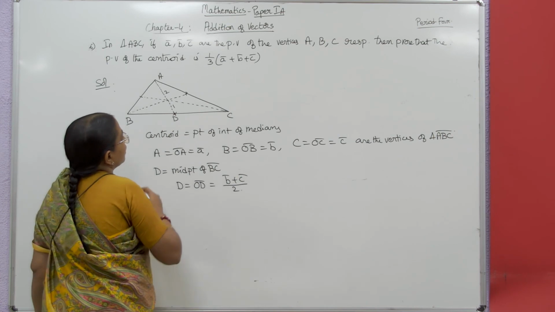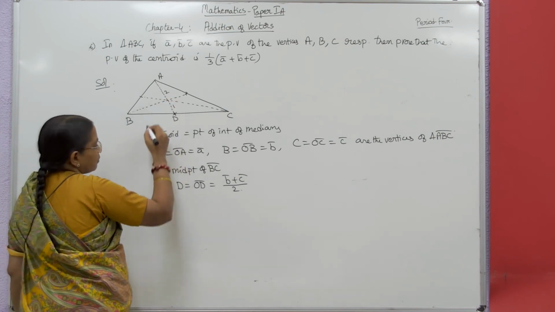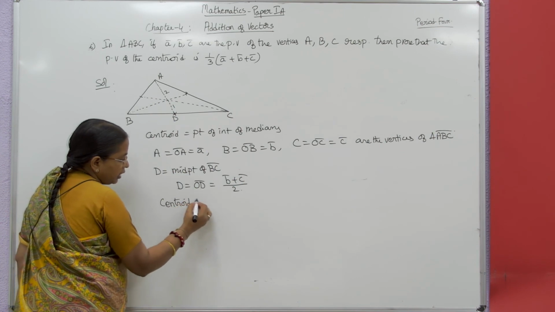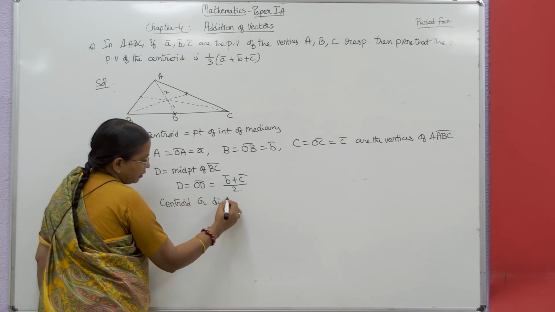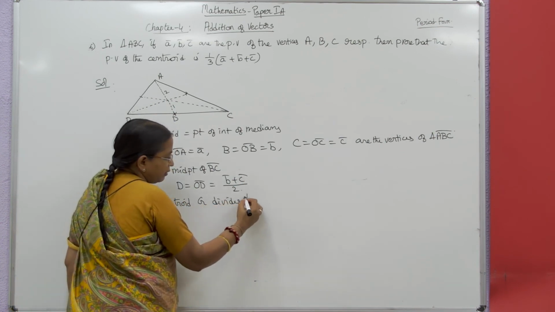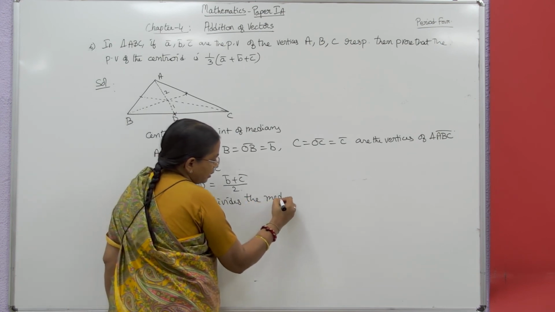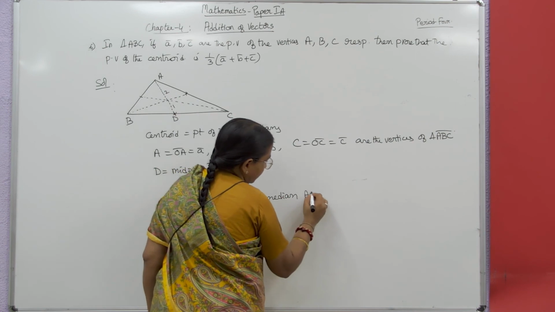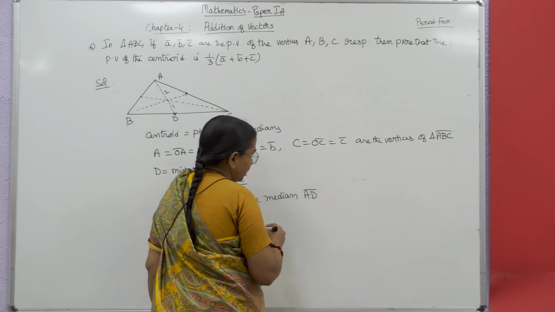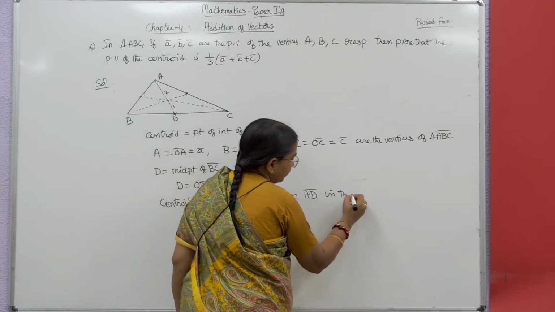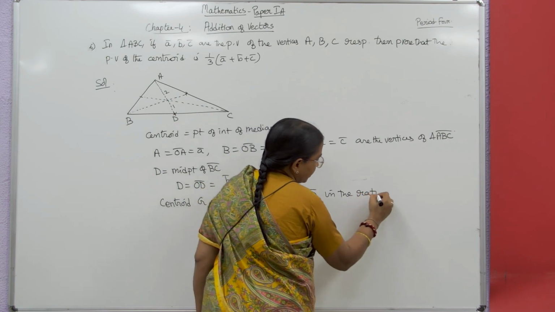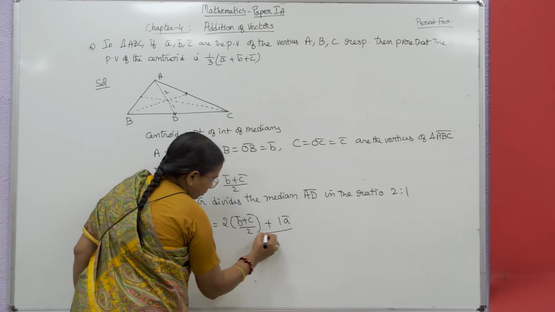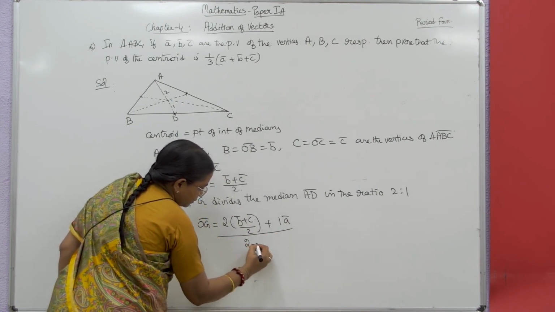Now suppose that the centroid is G. The centroid G divides the median AD, any median you can take, in the ratio 2:1.